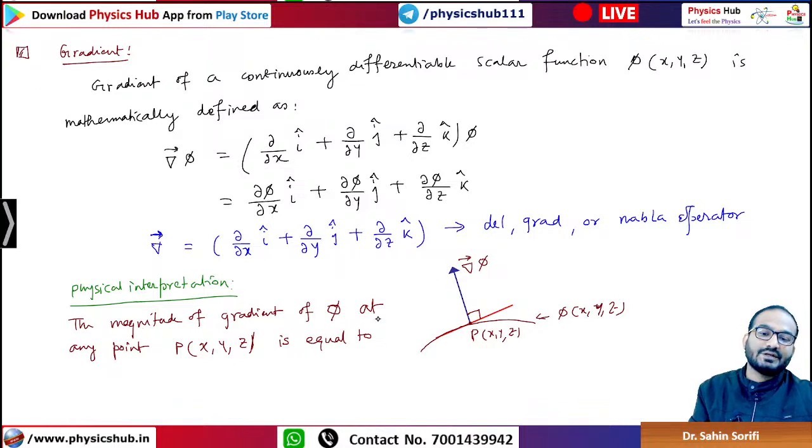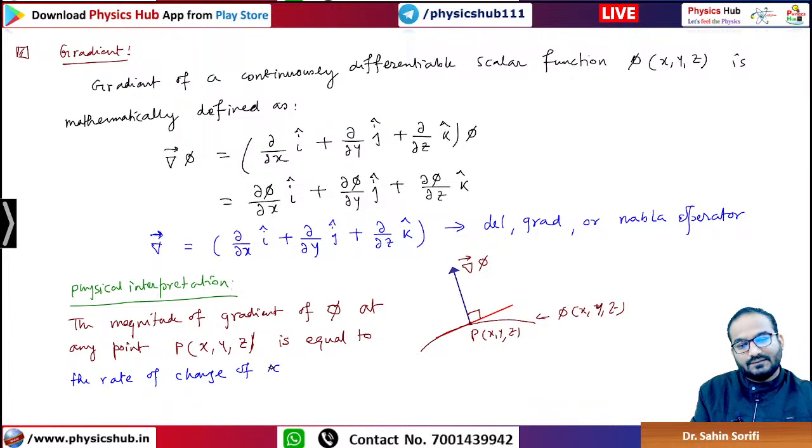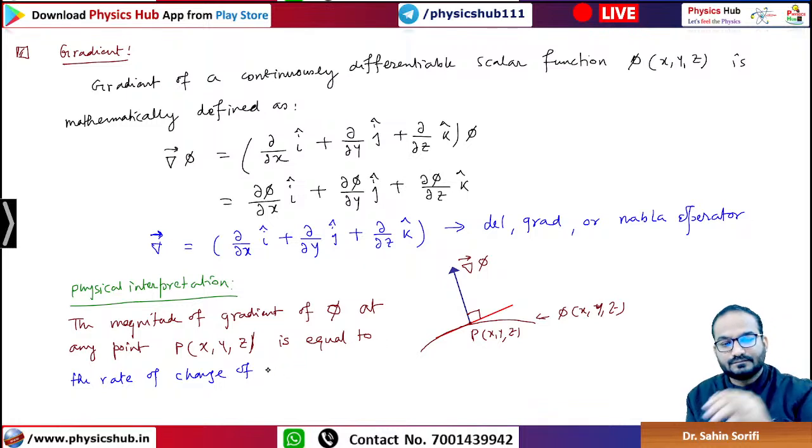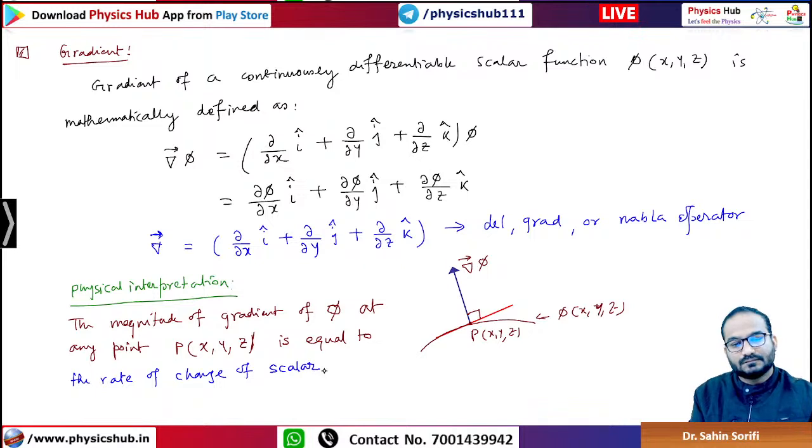The magnitude of gradient of phi at point P is equal to the rate of change of scalar phi with distance, because we are taking the rate of change along x, y and z, so it is basically distance.